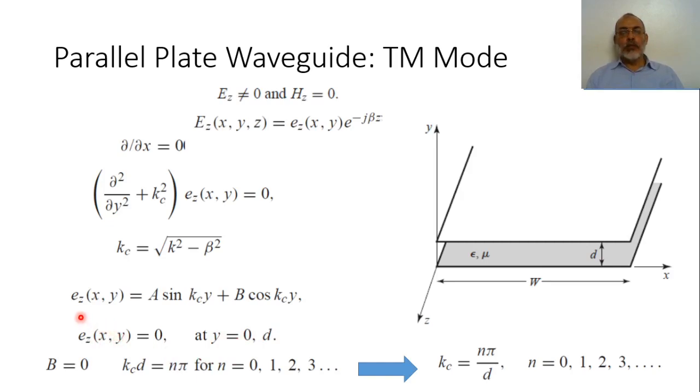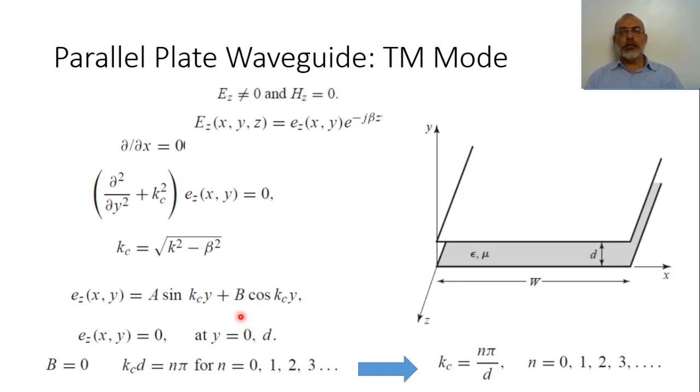So by applying the boundary condition at y equals 0, this sine would be 0. So this would be b cosine 0. Cosine 0 is 1. So the electric field Ez at y equals 0 equals b, and this should be 0.